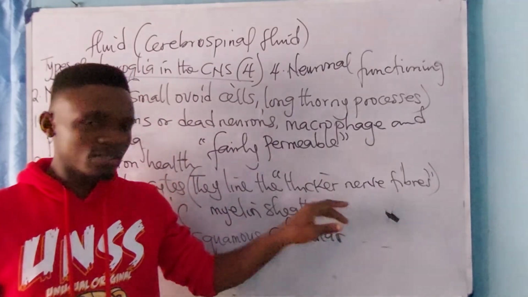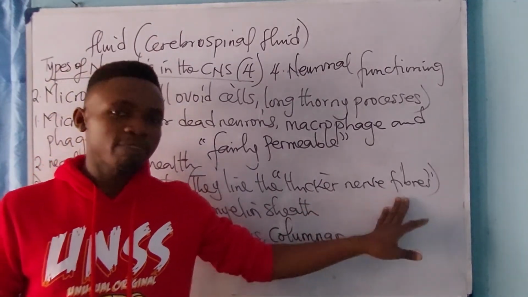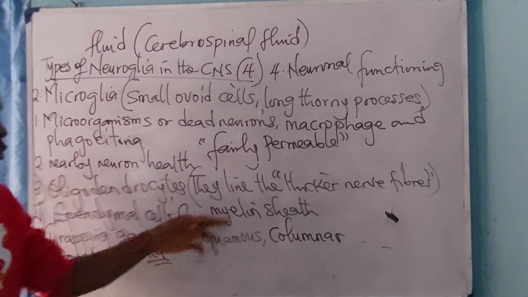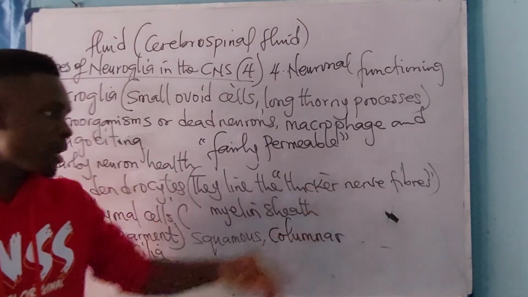Okay, please, not thicker now, larger nerve fiber is to the Schwann cell, while thicker nerve fiber is to the oligodendrocyte.